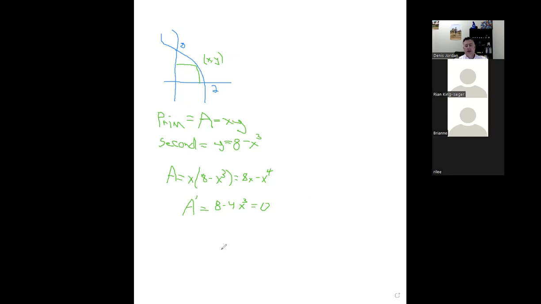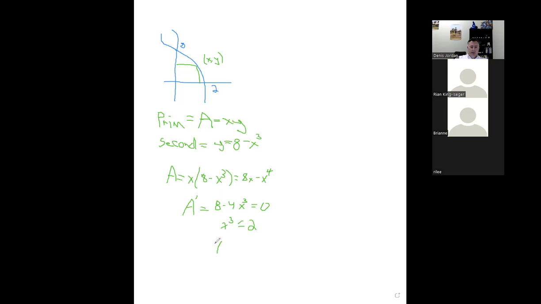So once you have your derivative, then set it to 0. So x to the third equals 2.